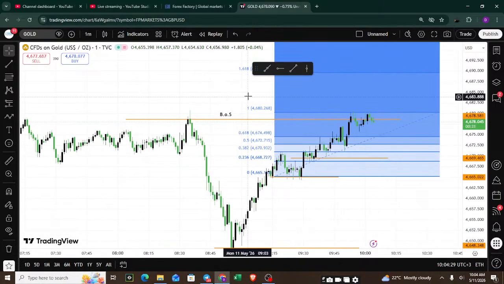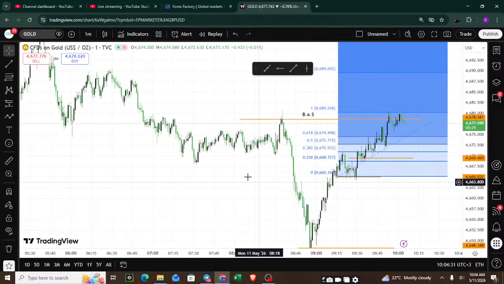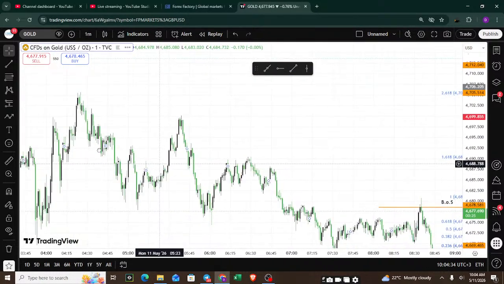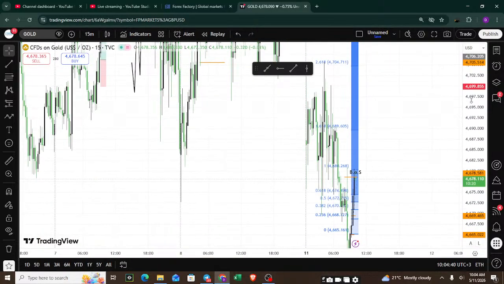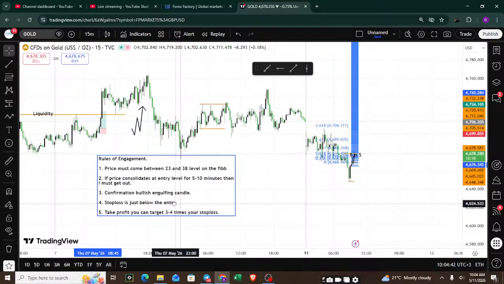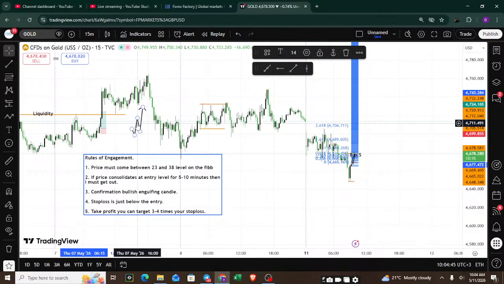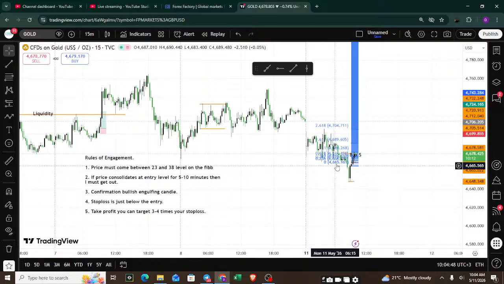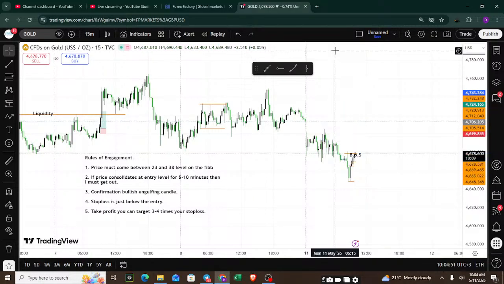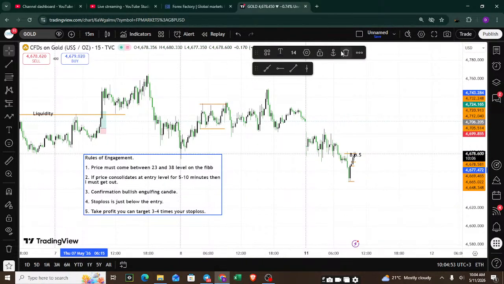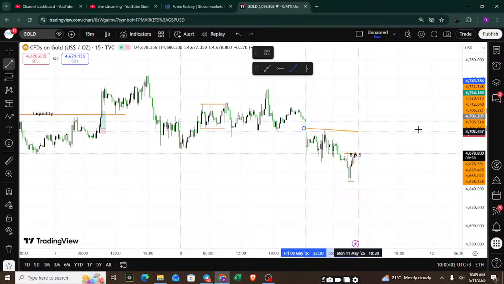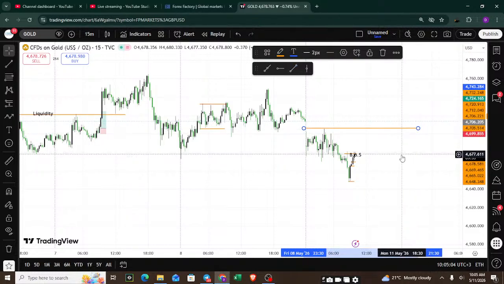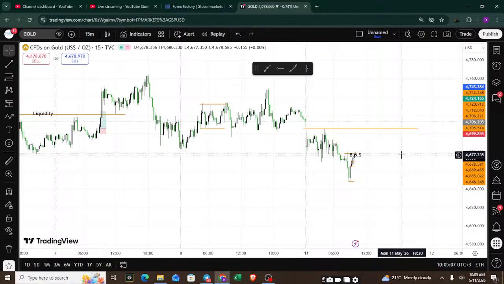For example, if it is going to break this big break of structure, maybe I'm thinking that because today we opened with a gap, it wants to fill this gap. Okay? So price today opened with a gap, a very clean gap. And as we know, gaps have to be filled.